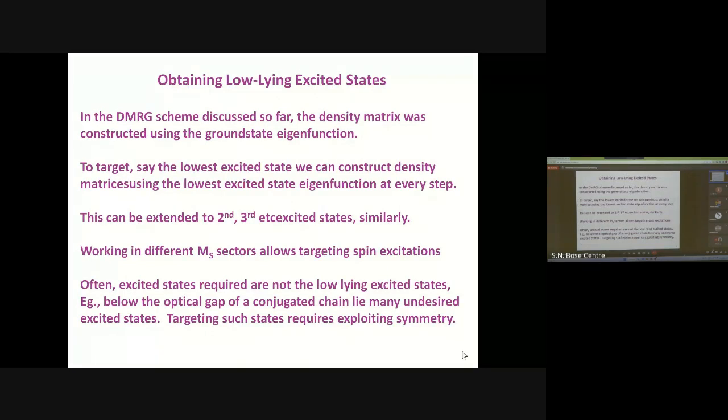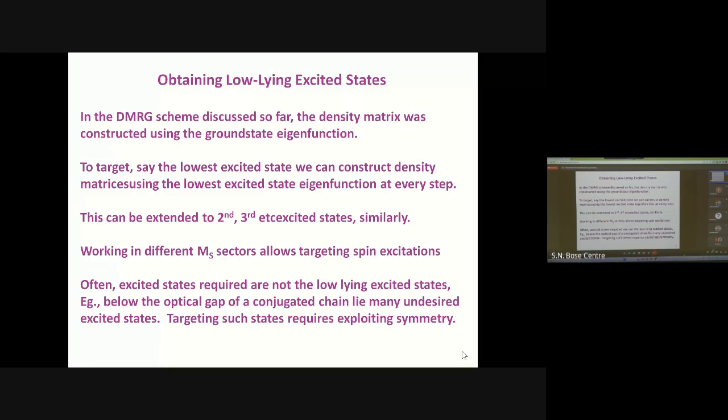So if you want to get low-lying excited states, then what you do is take the eigenstate corresponding to, supposing you want the second state, the second eigenstate, construct the density matrix from the second eigenstate, and do the whole procedure as before. Every time targeting the second state, you get convergence to the second eigenstate.